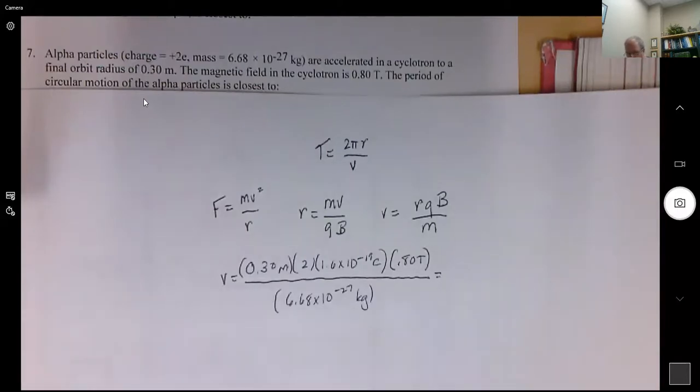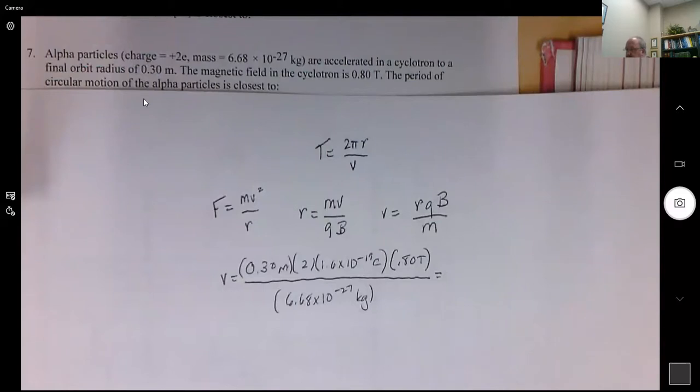And what I get for this velocity is ultra high. Let me go ahead and recalculate that again.